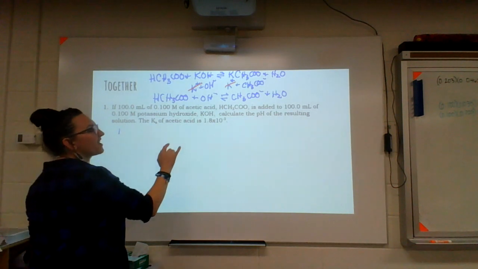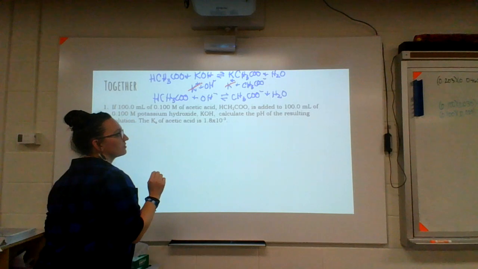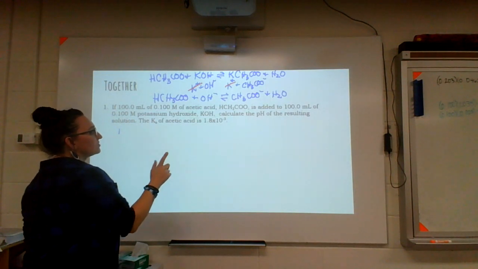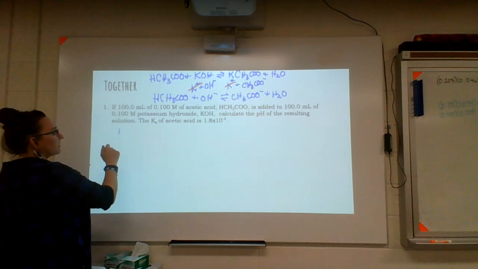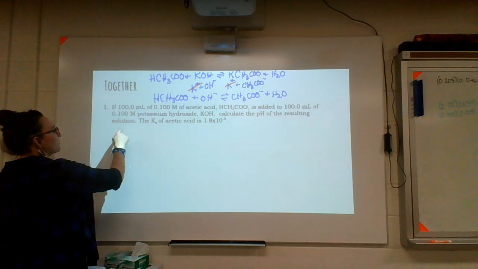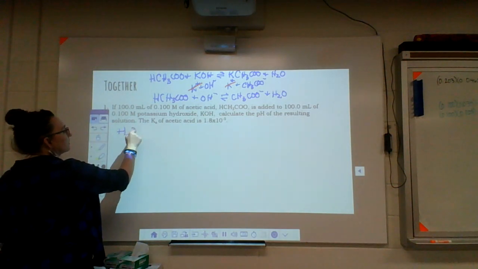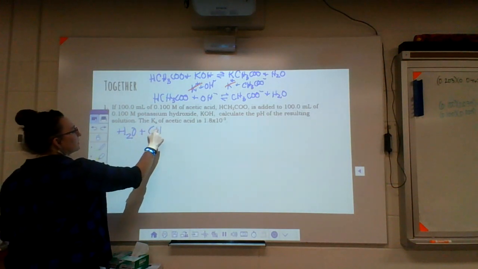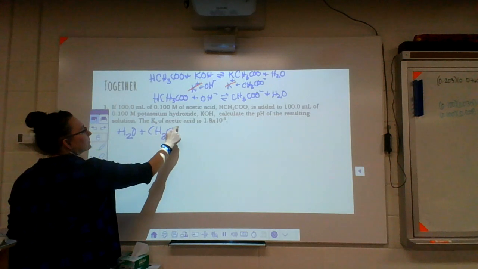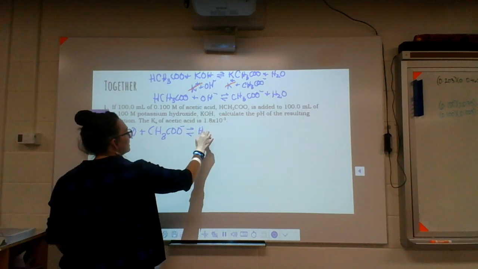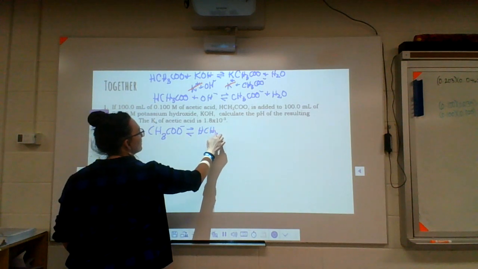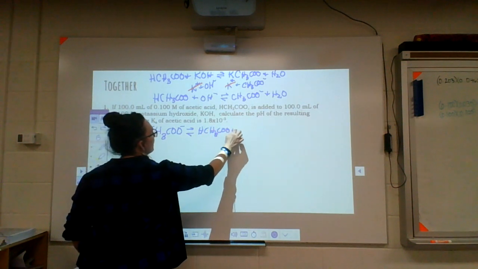So, plus I need to write the K value for this, and I can't do it with H2O over there. So my K value means that I have to flip this around. So I'll have my water plus my acetate produces acetic acid and hydroxide.